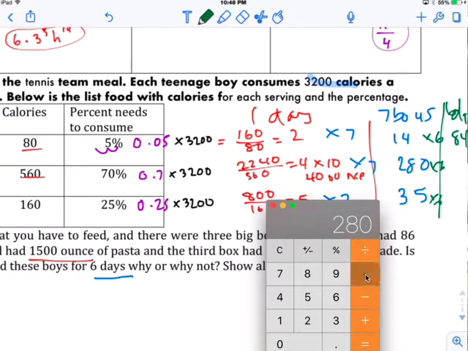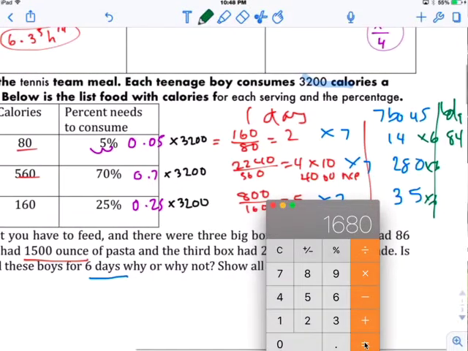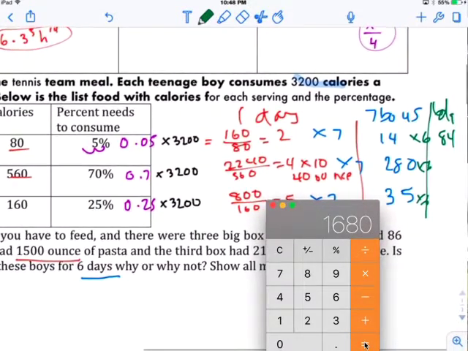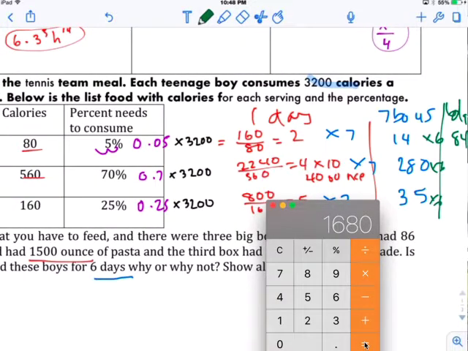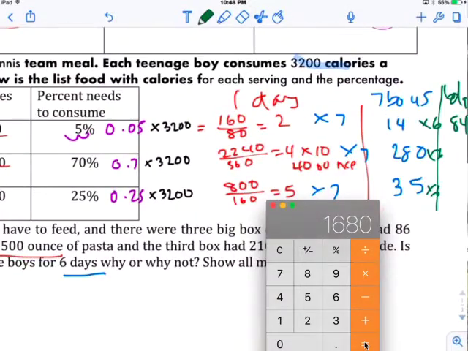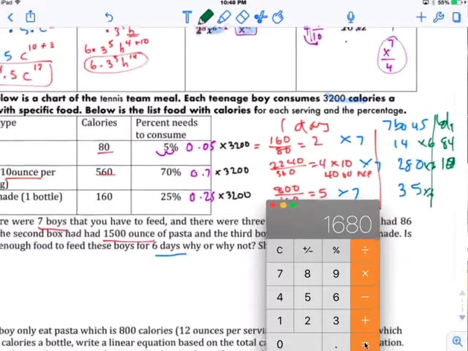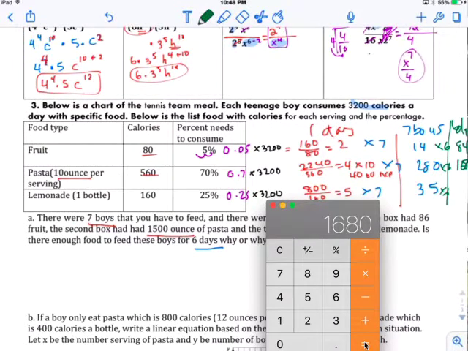I can probably do it faster in my head. Not enough pasta. 84 bottles, not enough, there's enough fruit. Not enough pasta, 1,680 ounces of pasta. And bottles of lemonade, I think there's plenty, right? 35 times 6 is 210. Hey, perfect. So 210 bottles of lemonade.